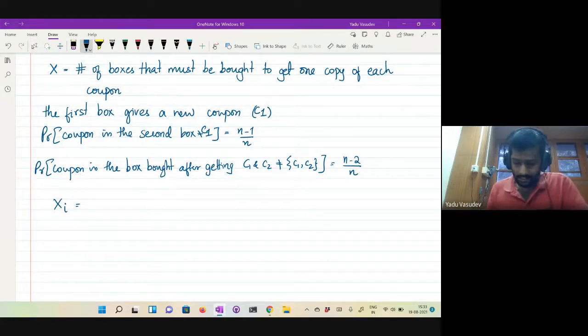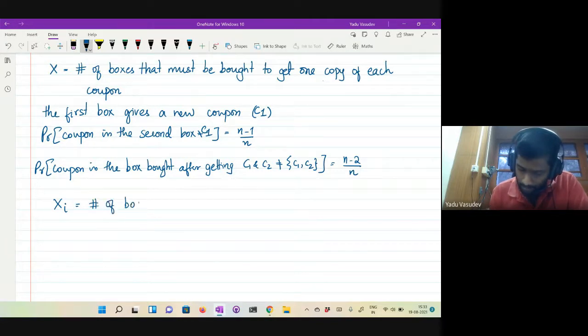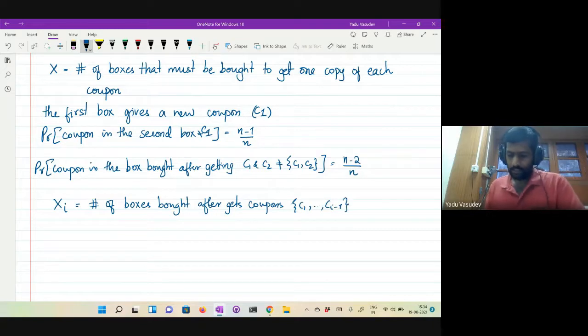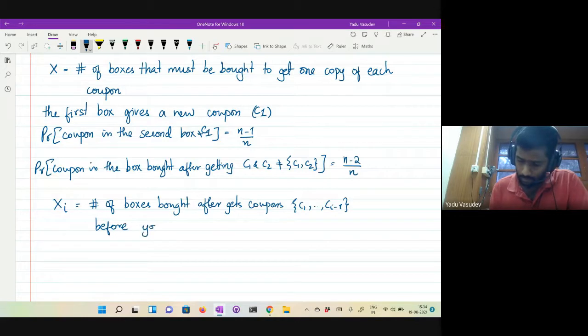Xi is the random variable which is the number of boxes bought after getting coupons C1 to Ci minus 1, before you get coupon Ci, right?